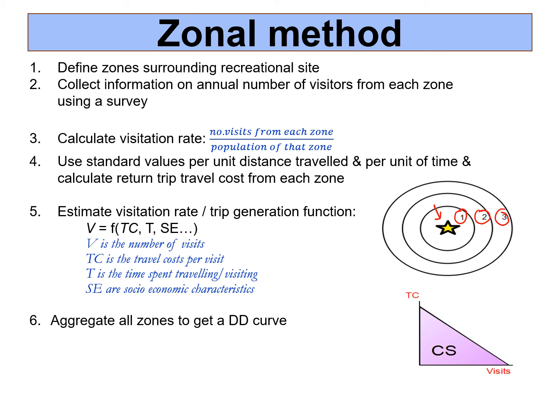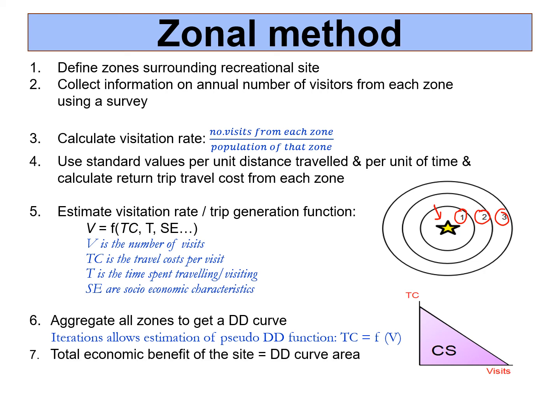Number 6, you have to aggregate all the zones to get a demand curve. So iterations of this equation will allow the estimation of a pseudo demand function. Number 7, the total economic benefit of the site is basically equal to your demand curve area.